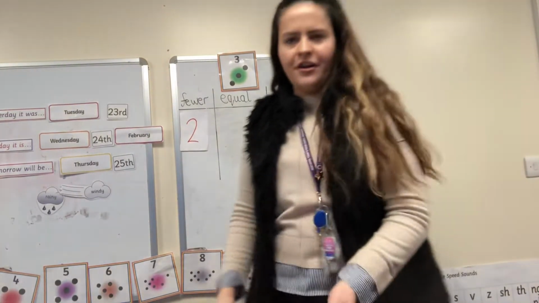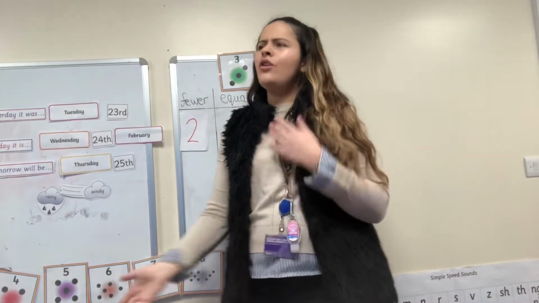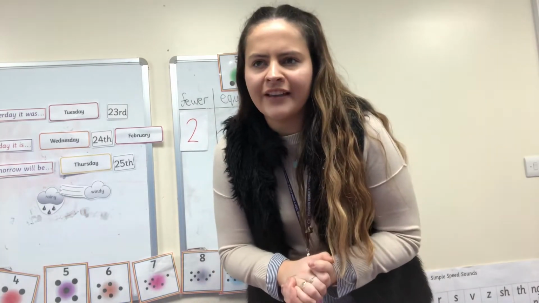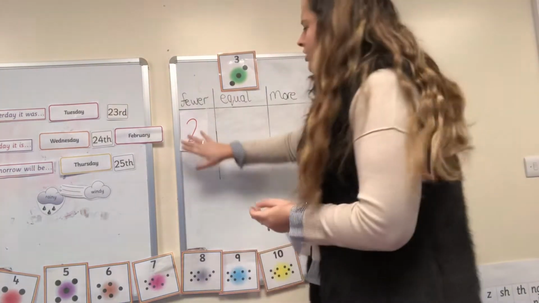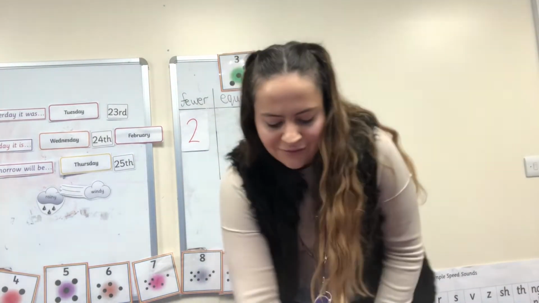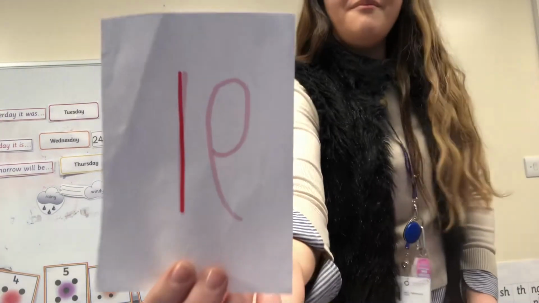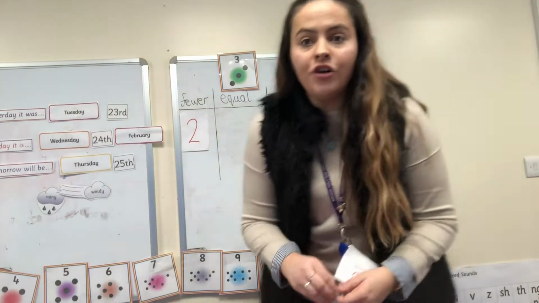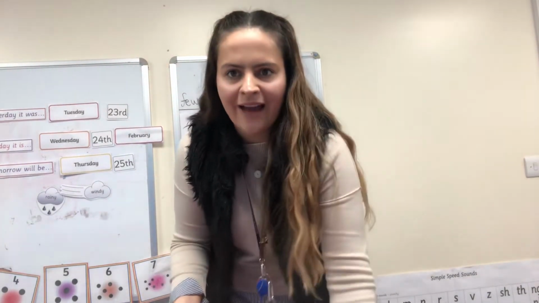Which other number? Let's have a think. Which other number could be fewer than 3? Which other number? So we've got 2 already. Which other number is fewer than 3? That's right, super. The number 1. Because 1 comes before 3 when we're counting, doesn't it?